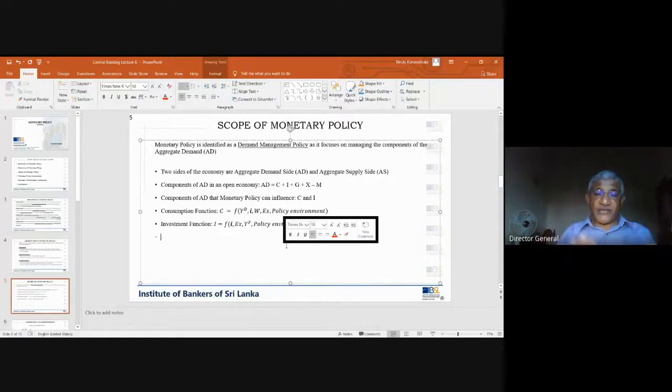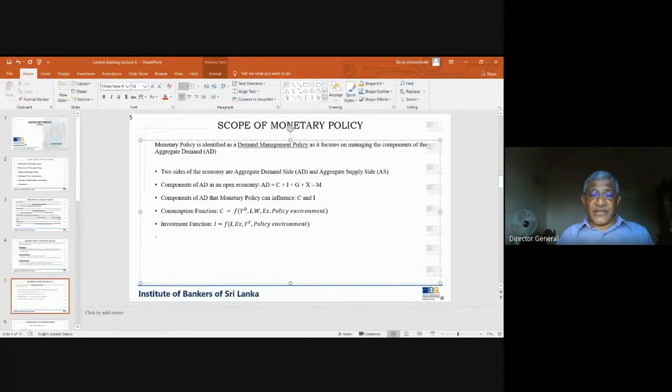Now we understood the central bank, through monetary policy, is trying to influence the aggregate demand side. That's why it is known as demand management policy. Even though aggregate demand has 5 components, the central bank cannot influence these 3 components. It can influence only these 2 components.